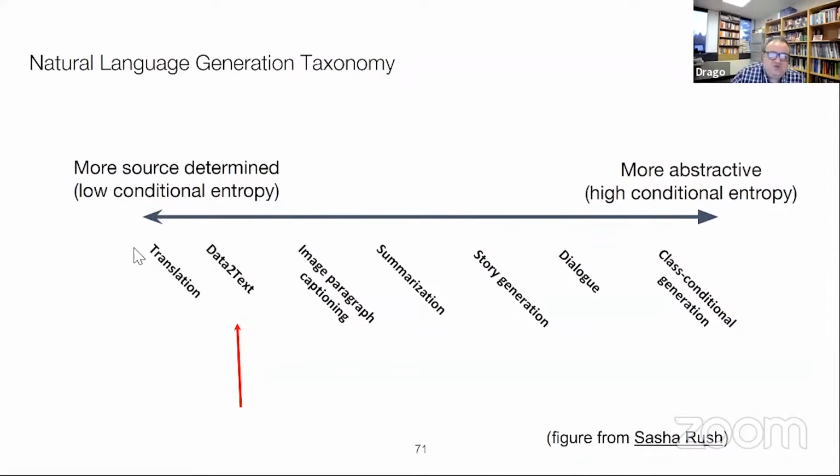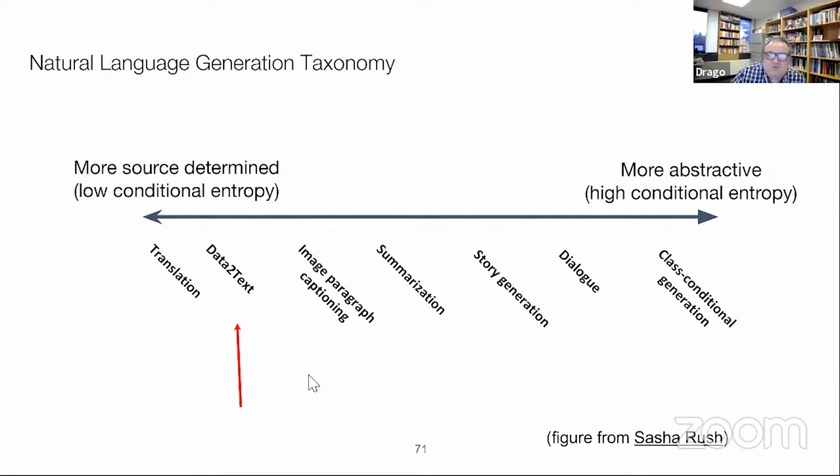When you do translation, you want the output to be semantically equivalent to the input as much as possible. And then there's another step in this continuum that is data-to-text, where we have an input that is very strictly specified. So you want to capture the contents of a table or maybe a semantic representation like AMR or something represented in the form of RDF triples or an RDF tree.